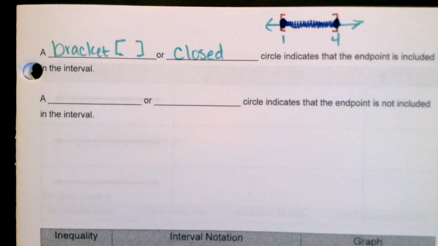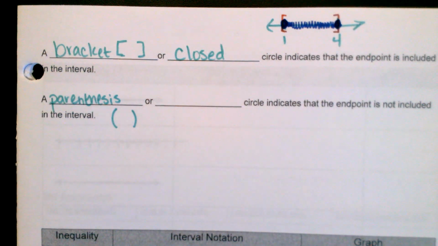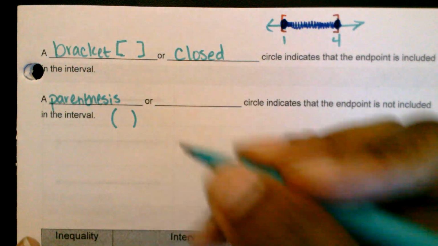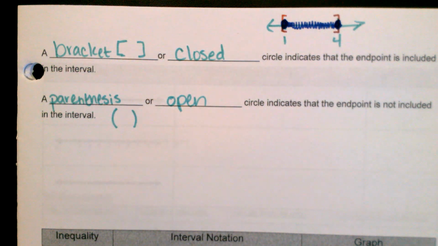Sweet. All right. So then I can have a parenthesis. Multiple are parentheses. Of course, they look like that. Or an open circle. An open circle indicates that those two endpoints are not included in that interval.